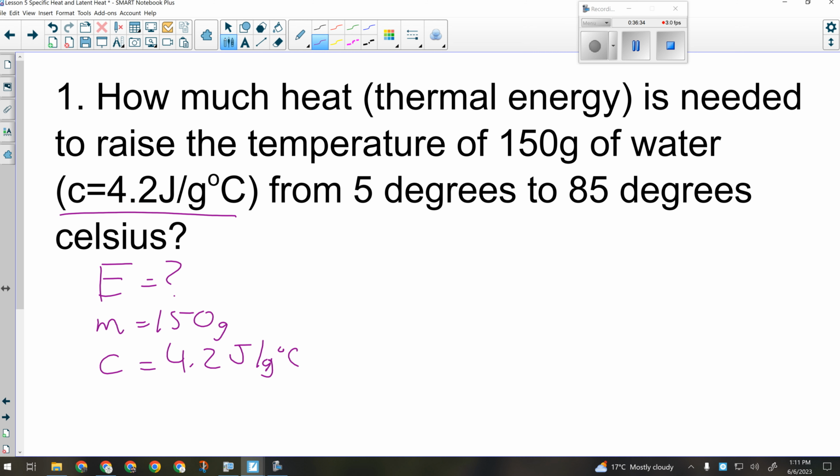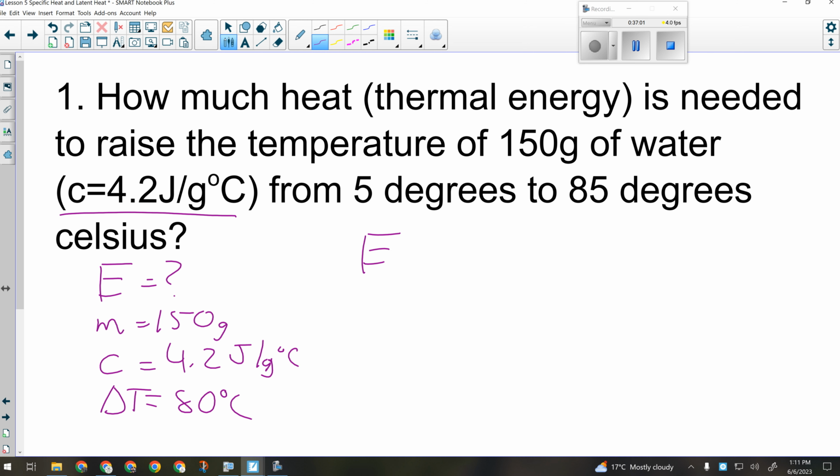That means that water takes 4.2 joules of energy to raise 1 milliliter of water by 1 degree Celsius. That's a high heat capacity. And we're changing its temperature from 5 to 85 degrees. What's my temperature change? 80. It's just simple math; you just have to subtract the two numbers. 80 degrees Celsius.